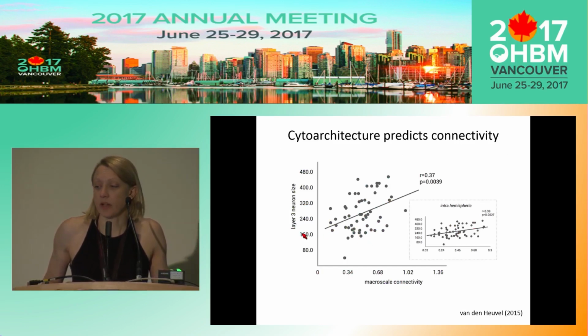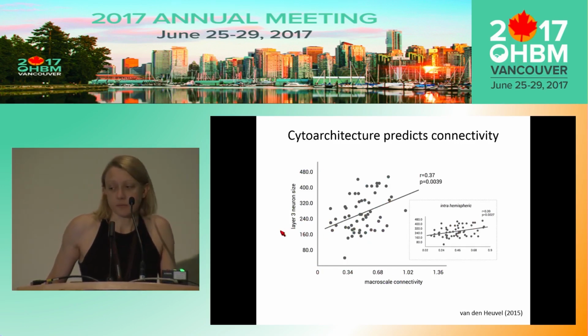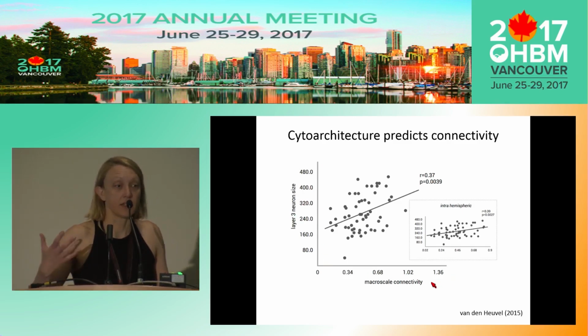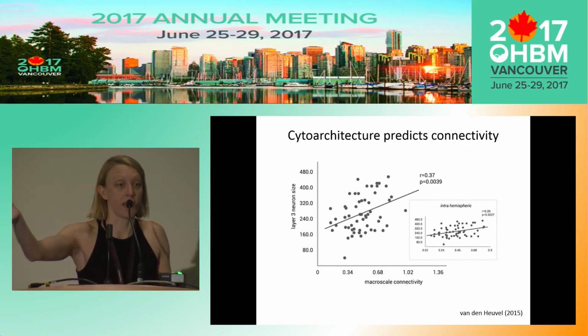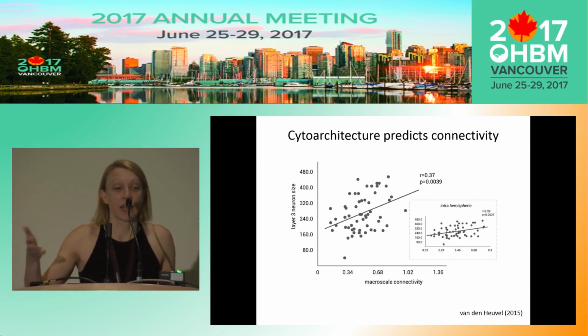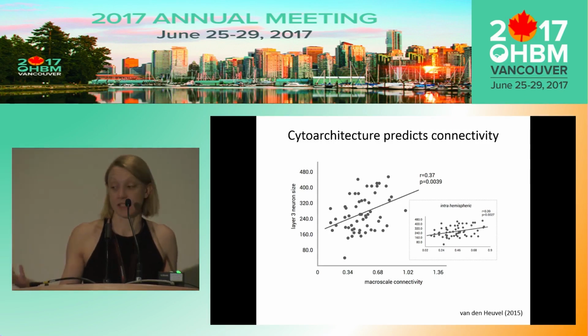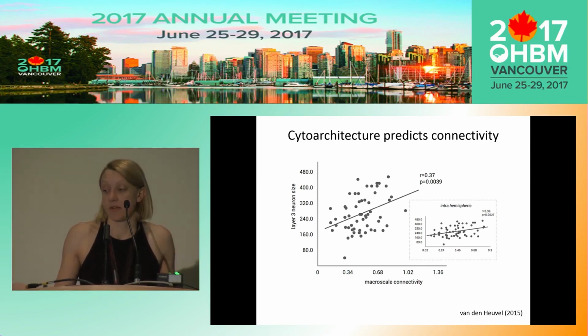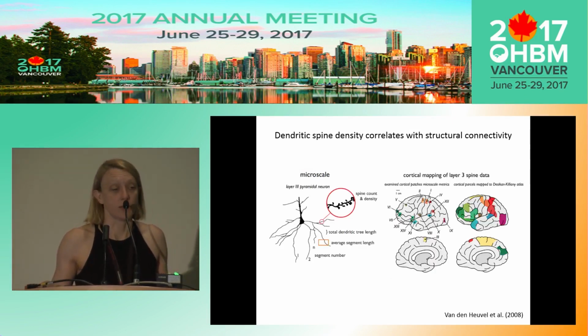And what they found was that the neuron size in layer 3 is very, very strongly correlated with macroscale connectivity. So it seems to be a very good predictor of what these long-range connections are going to be. And if I went back to that slide, which I should have put back in again, that is what layer 3 is doing. Layer 3 has the long-range connections emanating from it. So this seems to be very strong evidence that there's a link between them.